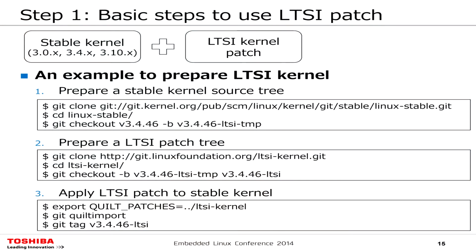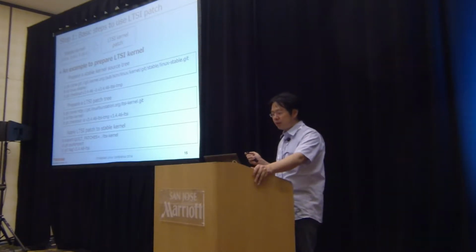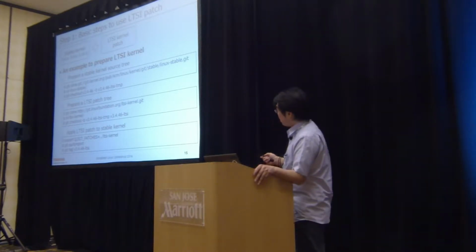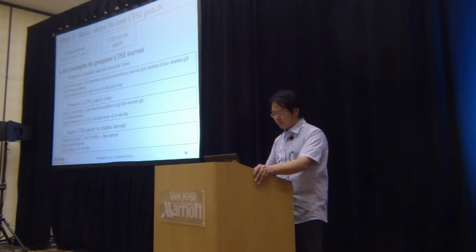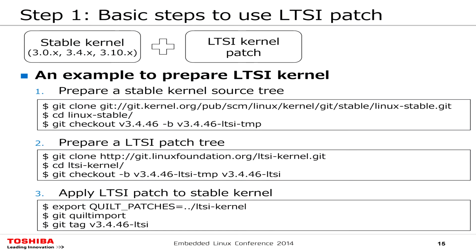So this is the very first step: to use the LTSI patch. To create the LTSI kernel, we need a stable kernel and the LTSI kernel patch. This slide describes how to create the LTSI kernel. At first, we need to prepare a stable kernel source tree, using git clone, and check out the target version.